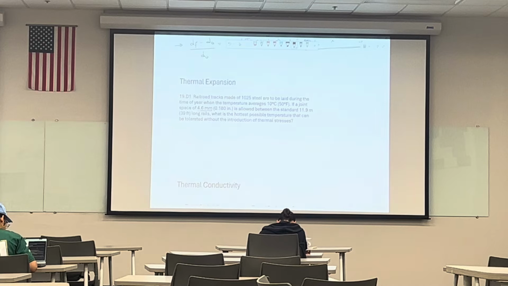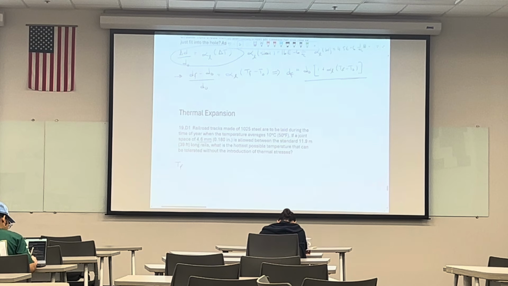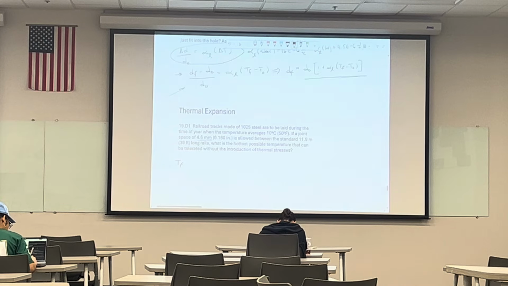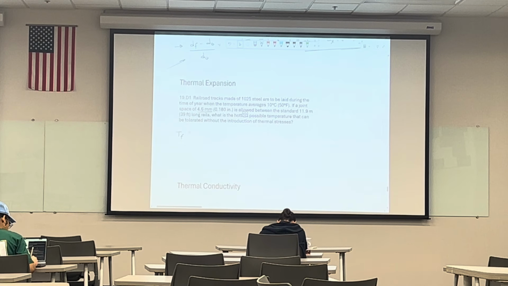And so the equation that we're going to use to figure out the highest possible temperature that can be tolerated without introducing thermal stresses is going to be this formula here, but we're just manipulating it so that we solve for the final temperature.